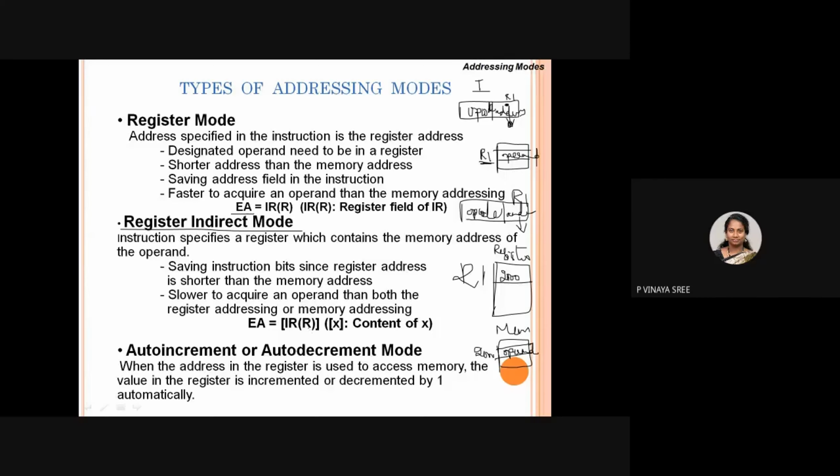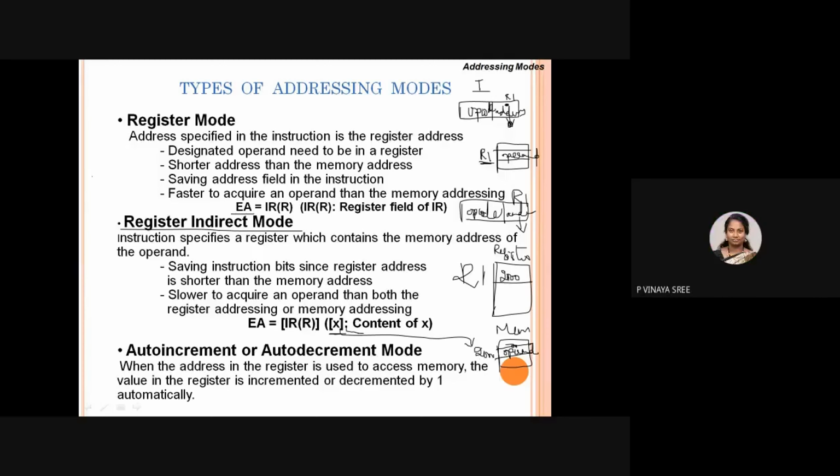So here it is saying the contents of X. X in this case is 2000. If you go to that location, this will become your effective address, and the contents is the contents of X. So what is the effective address? 2000. Yes, 2000.